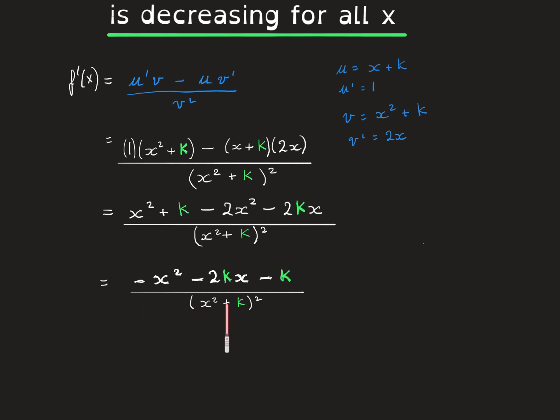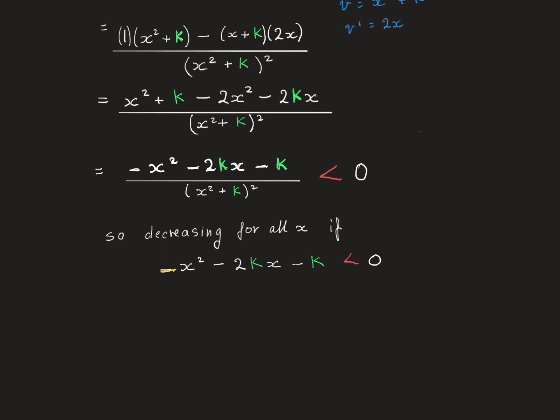But we want our slope function to be decreasing for all values of x. So we want our slope function to be less than or equal to 0. And this will be satisfied if the numerator is less than or equal to 0. The negative terms here beg us to change it to positive terms, and we can do that by multiplying each term by a negative.